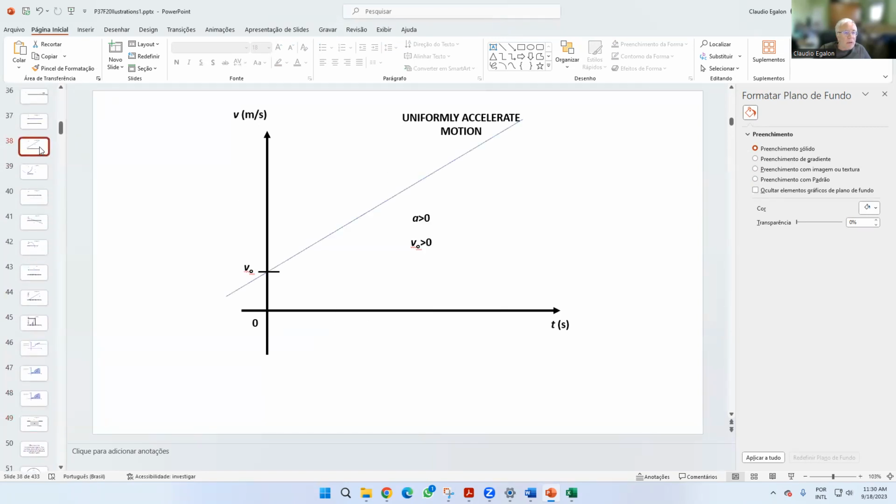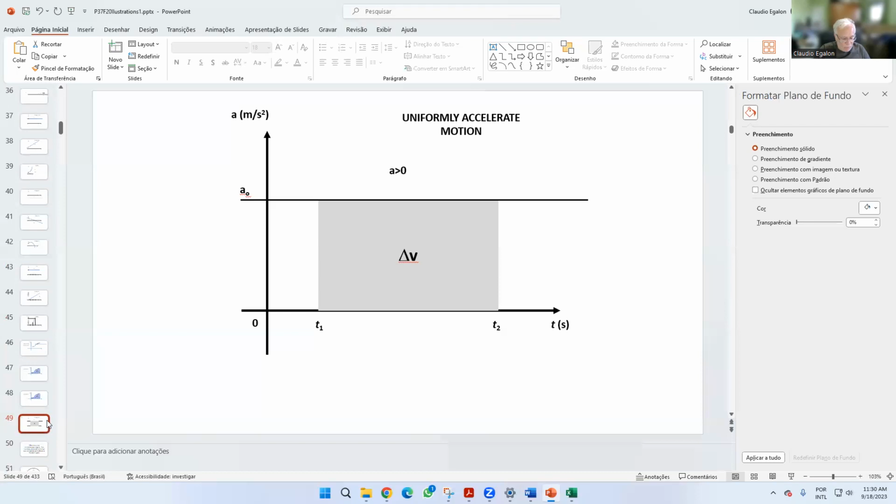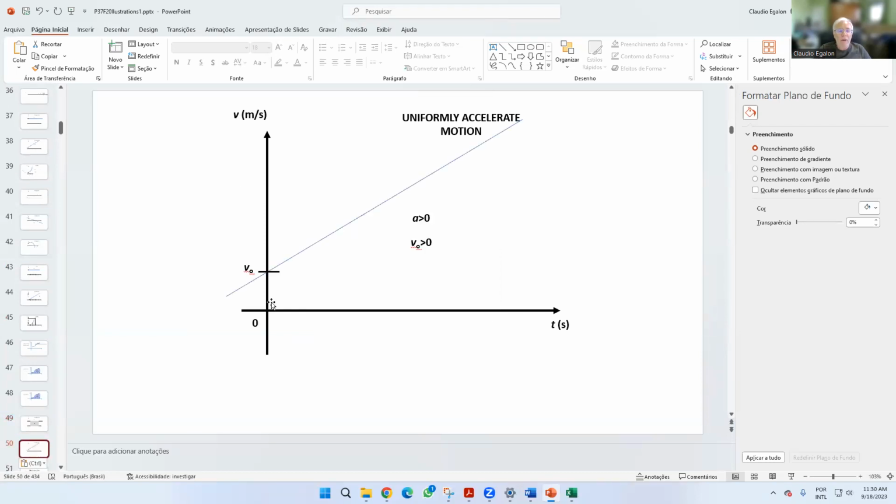Let's get the v versus t graph here. V versus t graph. Let's see if I can get that.